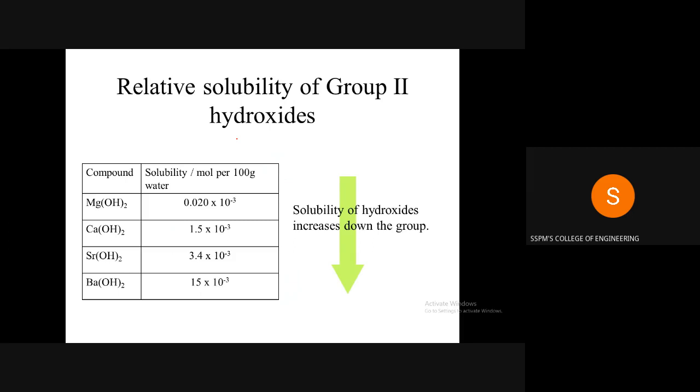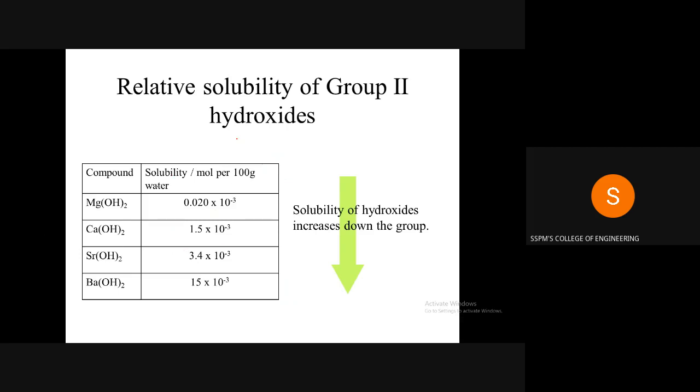Relative solubility of group 2 hydroxides. So the solubility of group 2 hydroxide is 0.020 into 10 raised to minus 3. Solubility of hydroxides increases when you go down the group.